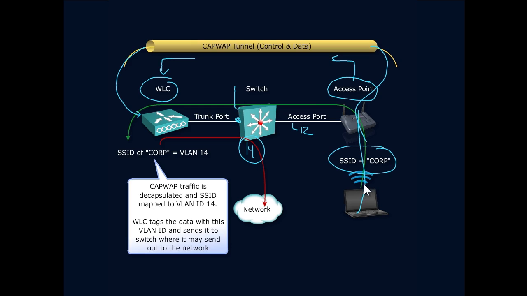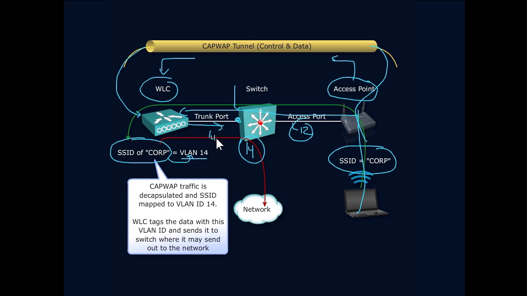So we connect to the access point. The access point builds that CAPWAP tunnel and is going to forward it using VLAN 12 to connect through the switch to the WLC device, which is going to de-encapsulate the data, revealing the SSID of the frame, which is then transposed into the VLAN identifier, which, assuming policy allows it, will then be forwarded out the trunk port to the switch using 802.1Q VLAN tagging.